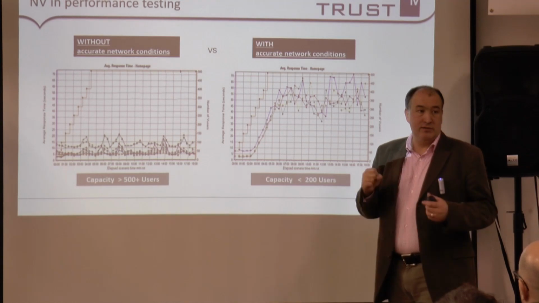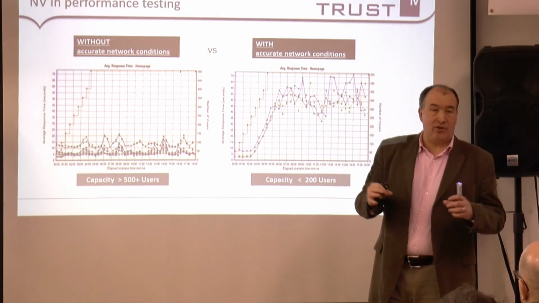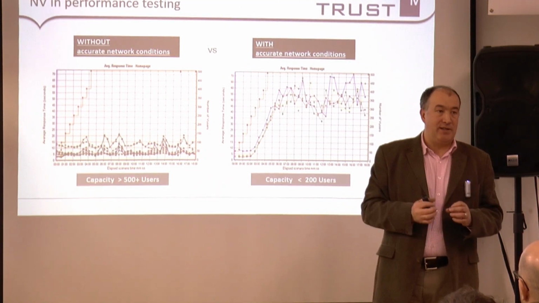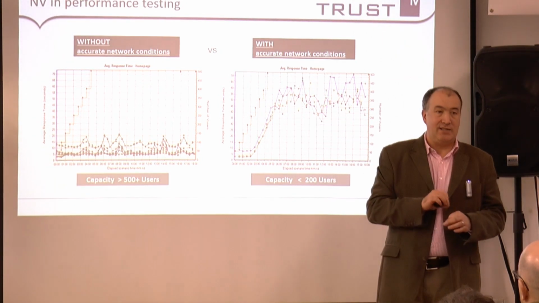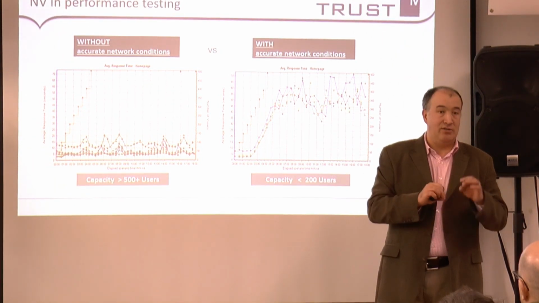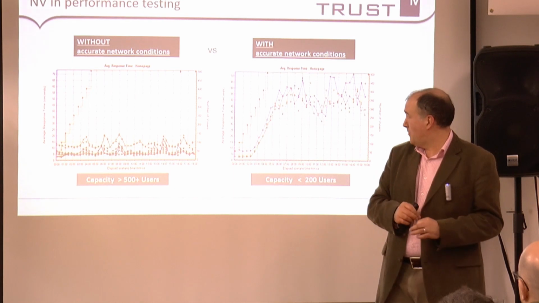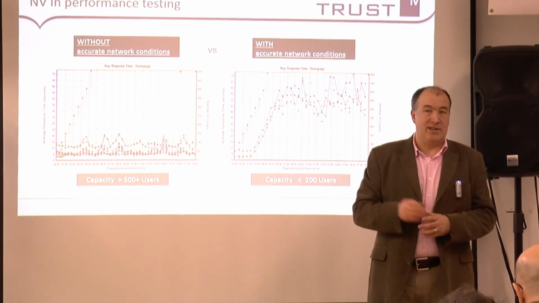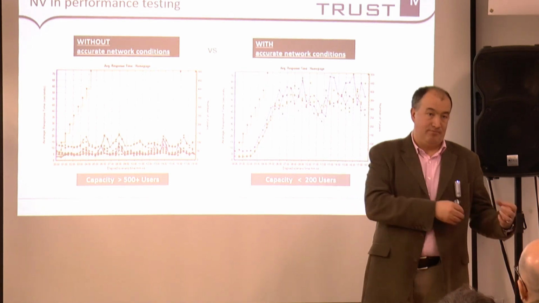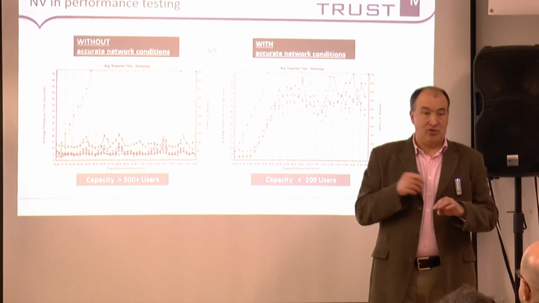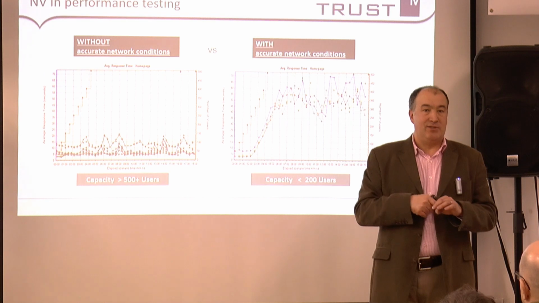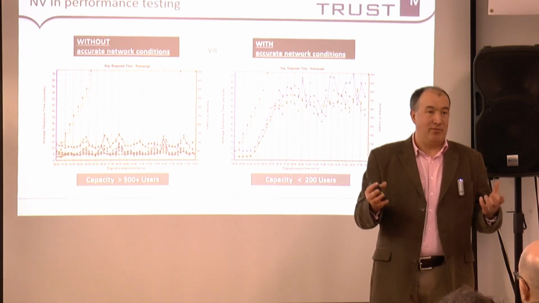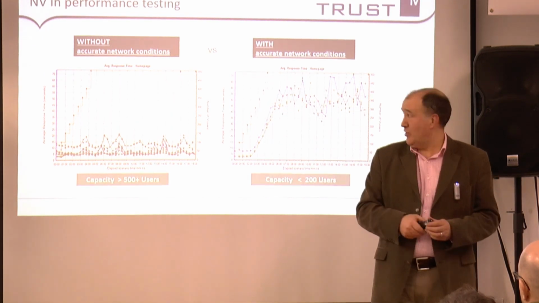This one shows the 500 users, so it's still ramped up in exactly the same way, but this time the network's throttled. And it's not throttled on a whole network basis. Each individual user has its network connection slowed down effectively. Because if you slow down your entire network, say from 100 megabits to 10 or slower, because your users aren't all using it at the same time, each user can still have more bandwidth to play with than perhaps it would have in the real world.